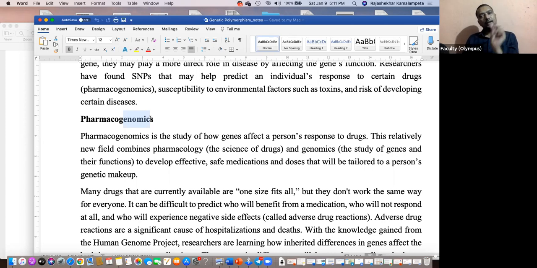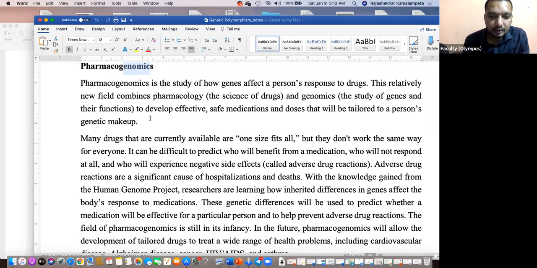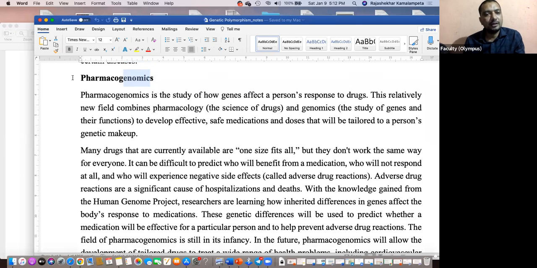So we use that understanding to develop drugs that work better. Sometimes we refer to them as tailored drugs or personalized drugs. Pharmacogenomics is one such area where we are using knowledge about DNA sequences to develop drugs that work better.